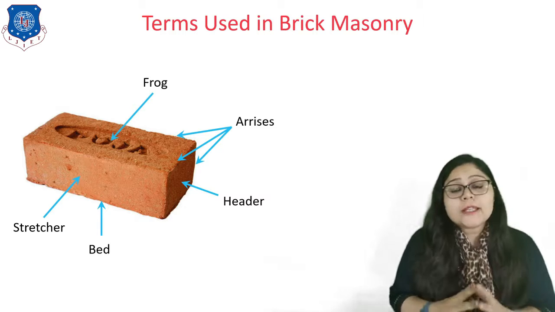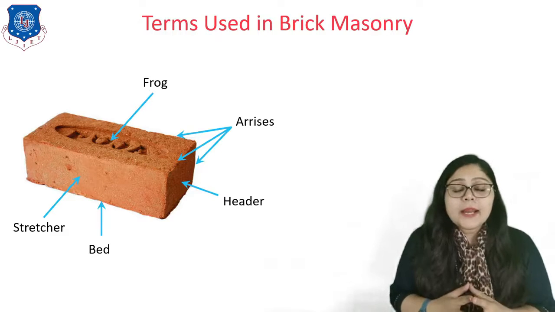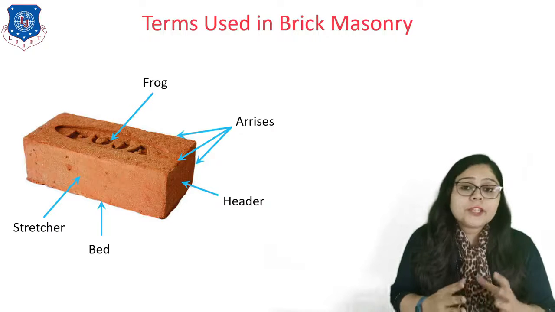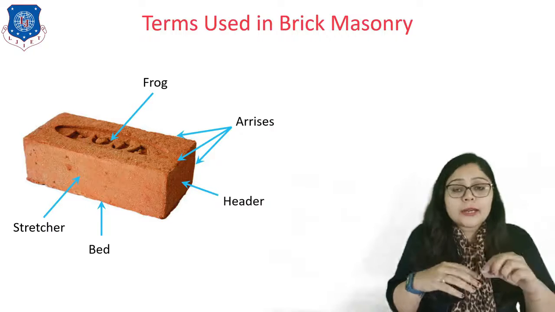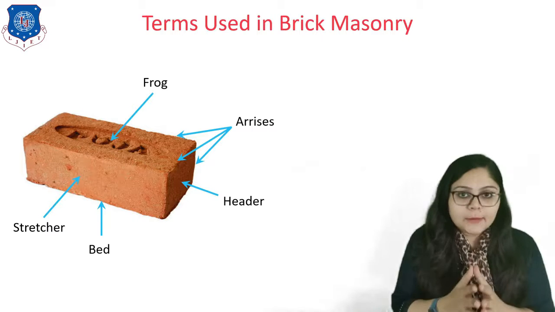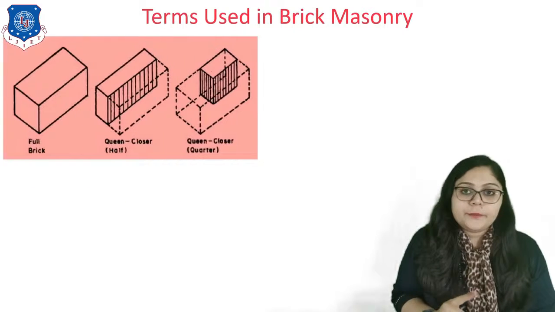This frog is used for marking the company's name, and the main primary function of the frog is to connect or stick two bricks with mortar very efficiently. That is the primary function, right? So this is all about a simple brick.